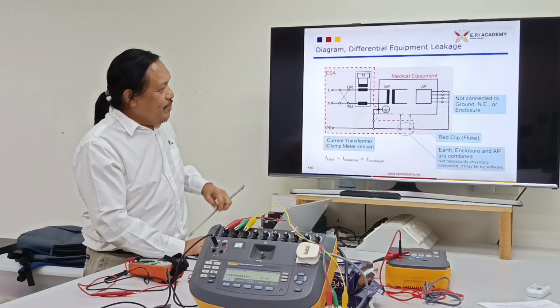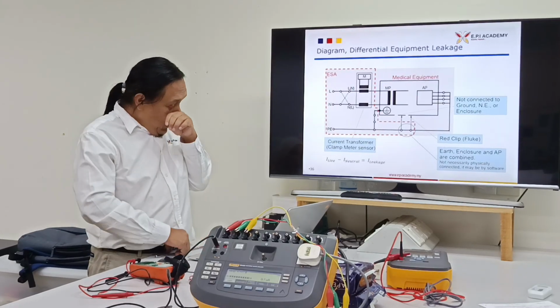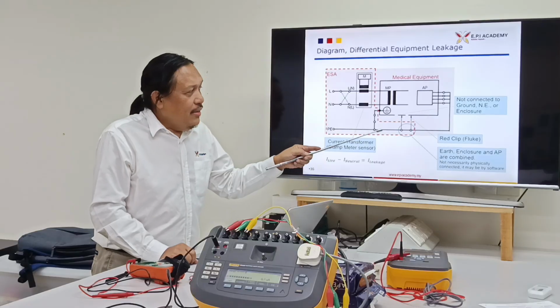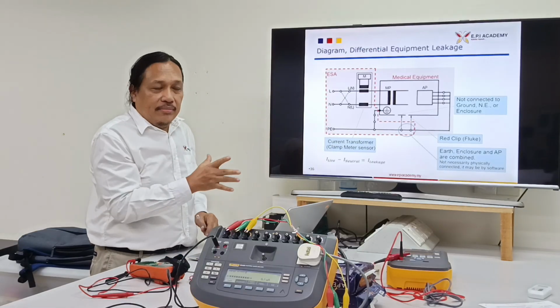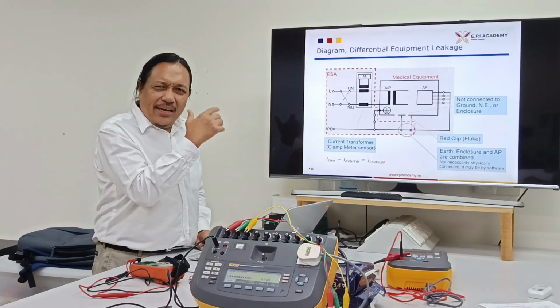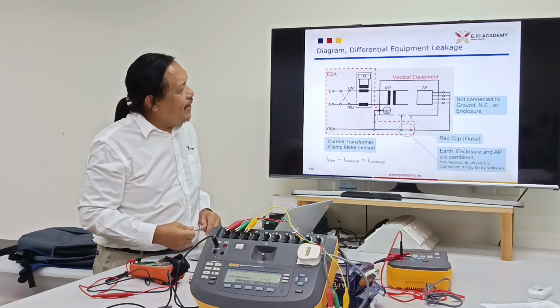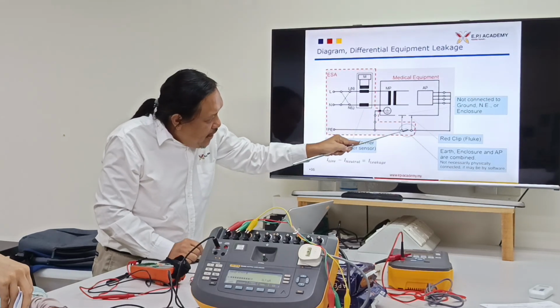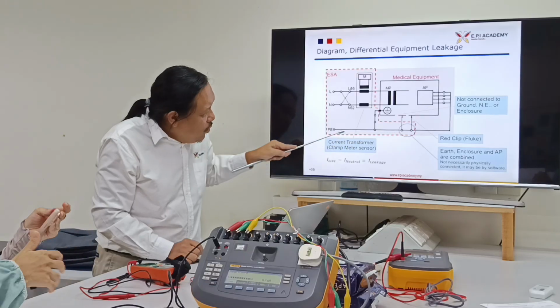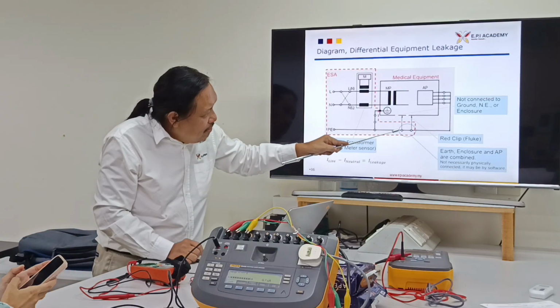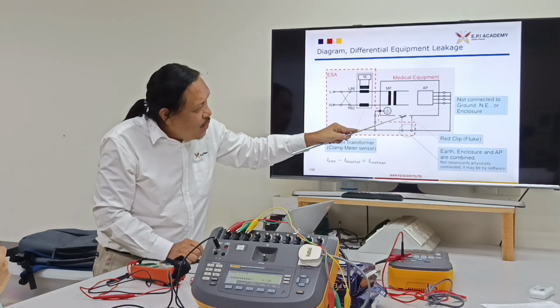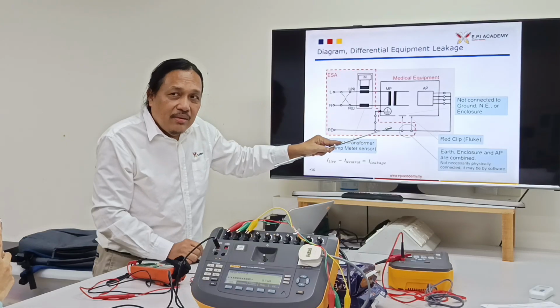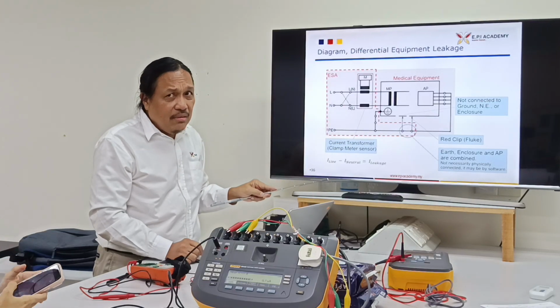Let's go back to this. Notice something here. This is called a single line diagram, a simplified diagram. If you notice, the applied part is connected to the earth, is connected to the non-earth. You remember something?